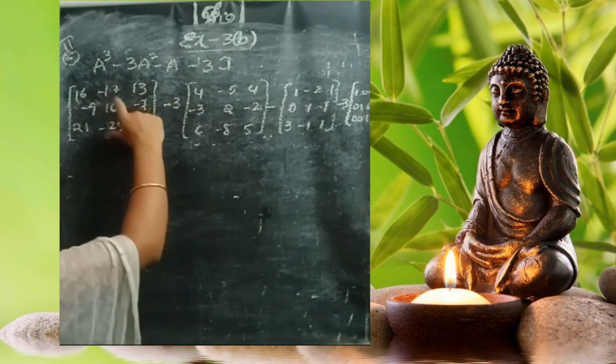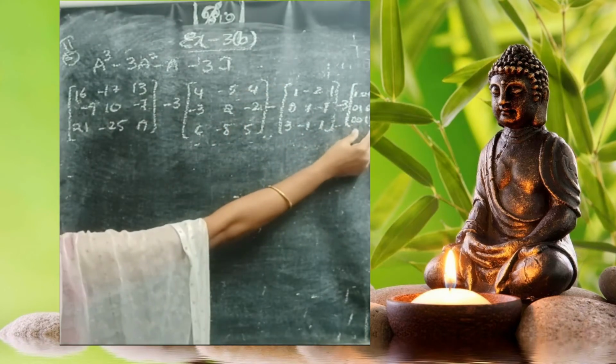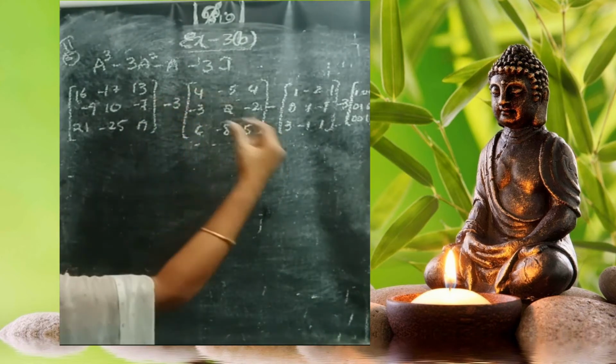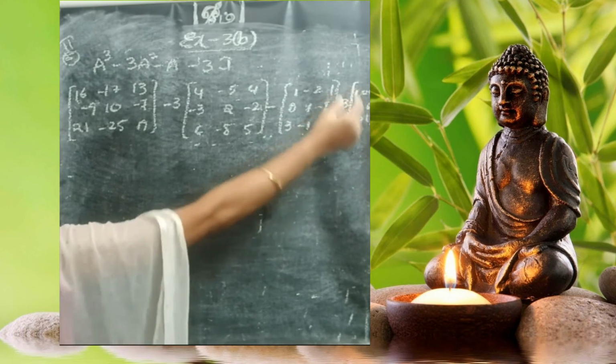the value of A cube minus 3A square minus A minus 3I. Here I we have to write as 3 by 3, because every matrix is 3 by 3 only. So the order of the unit matrix should be 3 by 3.